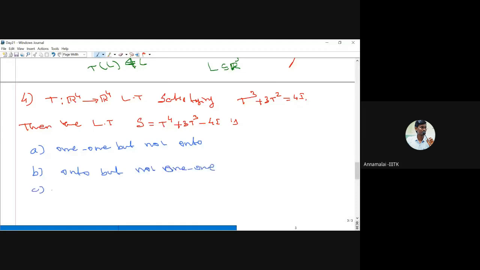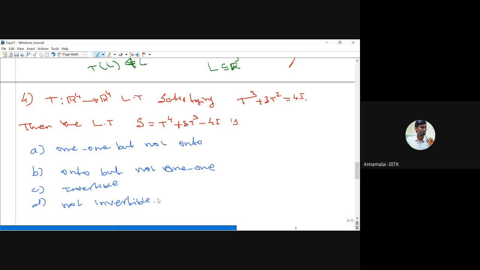The third option: invertible, that is both one-to-one and onto. And the fourth: not invertible. Okay, so this is the question.